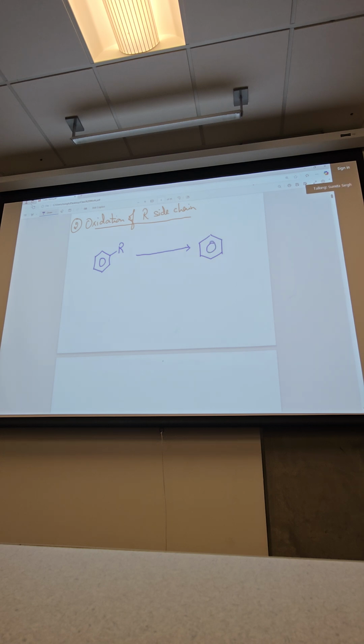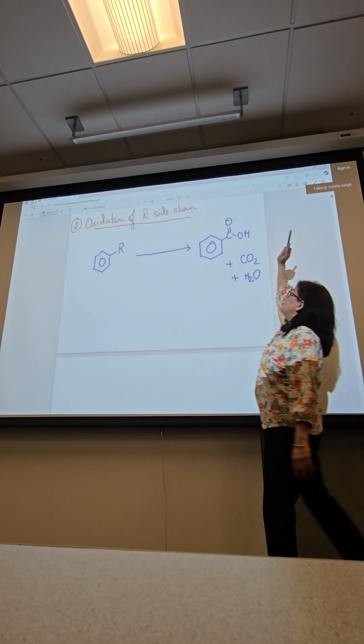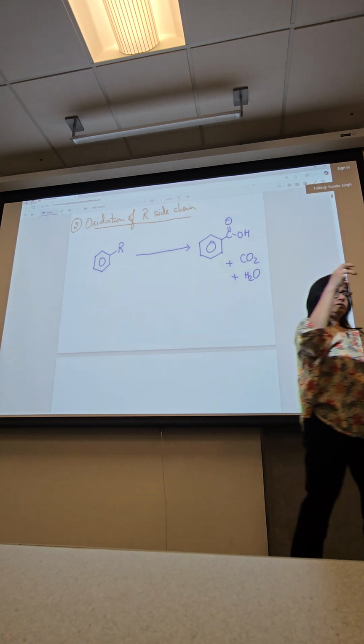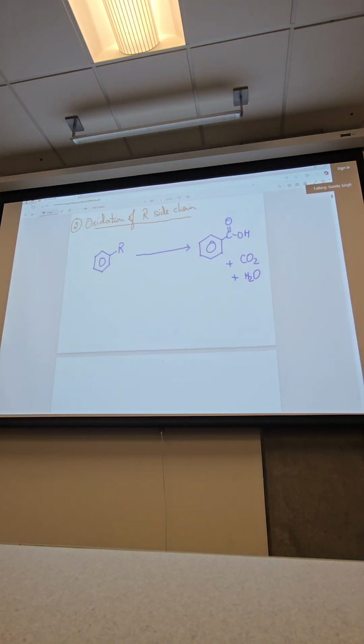and leaves behind benzoic acid. All other carbons become carbon dioxide and water because it completely disintegrates. All carbons and hydrogens oxidize to carbon dioxide and water except for the benzylic one. The benzylic carbon, the carbon that was directly connected to the benzene, becomes carboxylic acid. And this R can practically be anything.